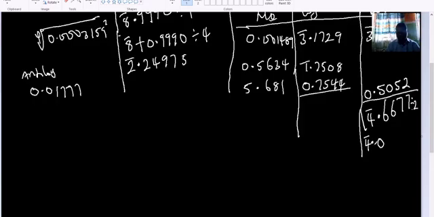So here you have plus 0.6677 divided by 2. So you remember what you are going to do. You take 4 as absolute value.